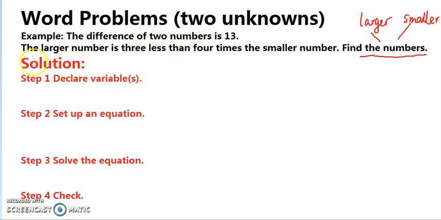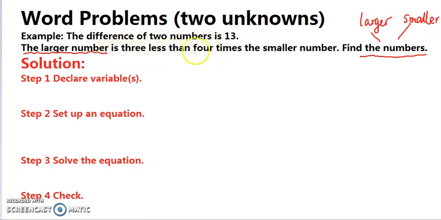The second sentence will be a little bit easier because it tells us what the larger one is in terms of the smaller. It says the larger number is 3 less than 4 times something.